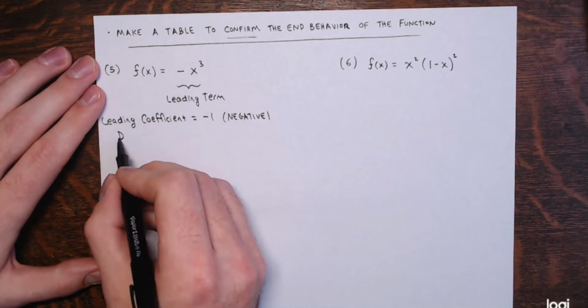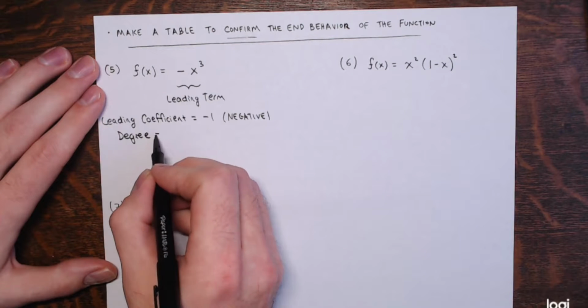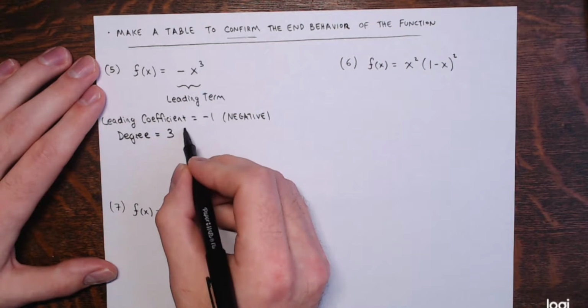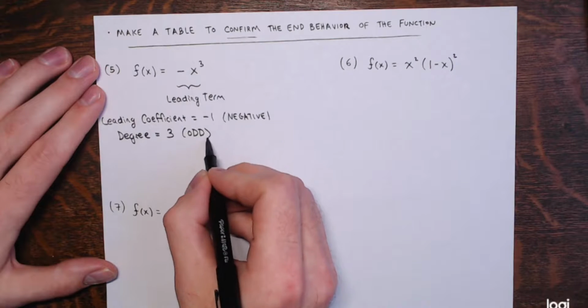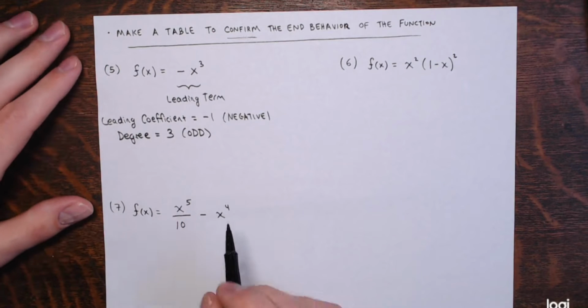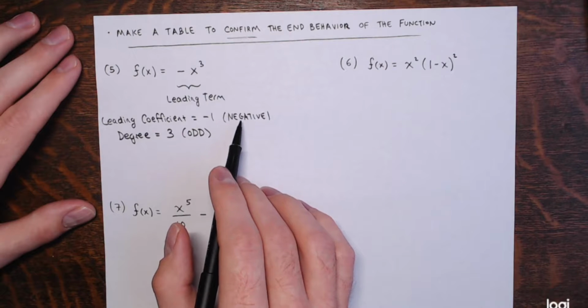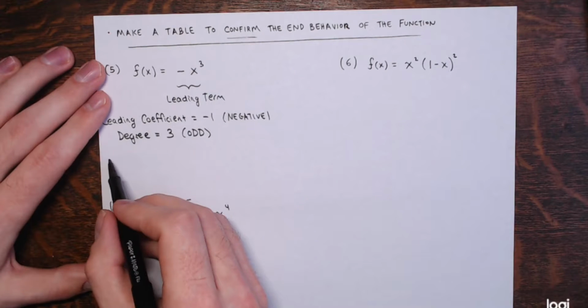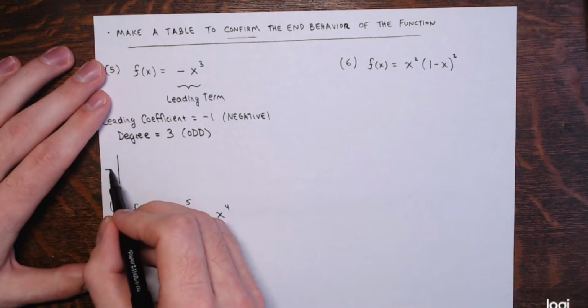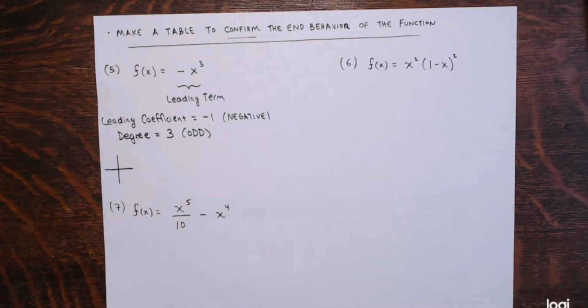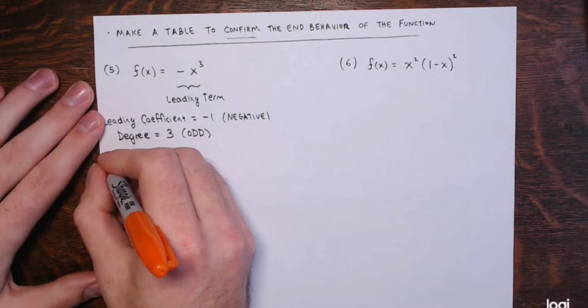And the degree of this polynomial is 3, which is odd. So just like the last example, I have an odd degree polynomial with a negative lead coefficient. So the graph will do this. It'll go up to the left, down to the right.